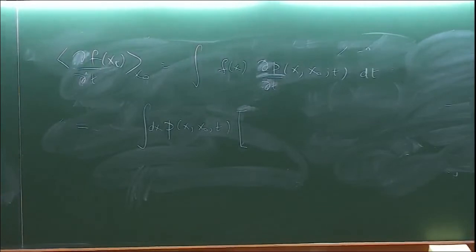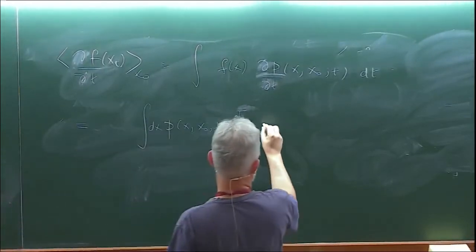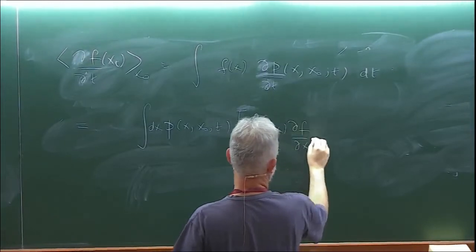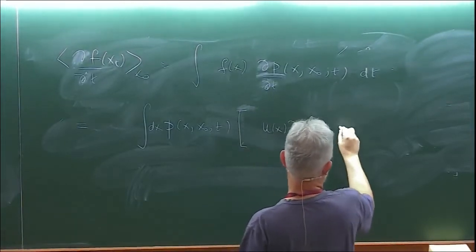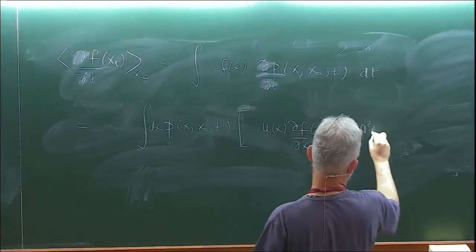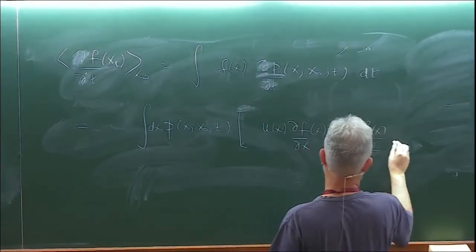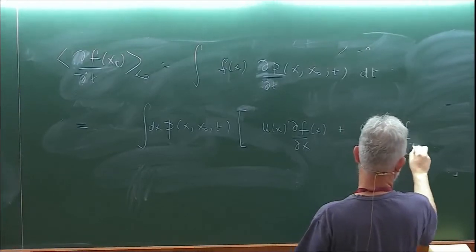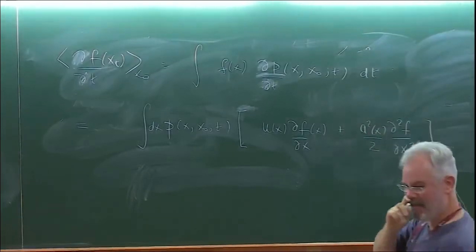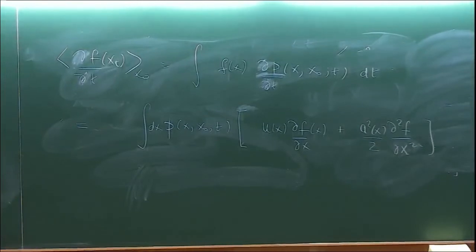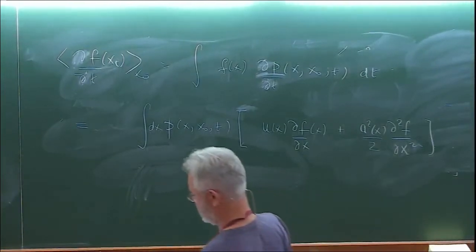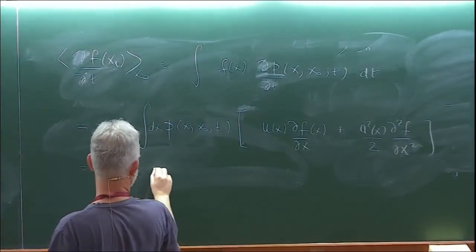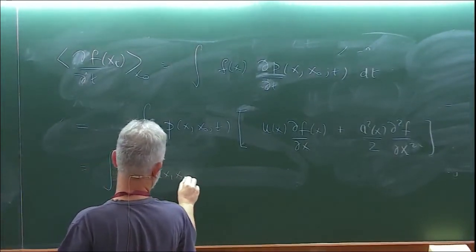So it was u of x, okay? So actually what I can do is I can write this is equal to dx p x0 of t.